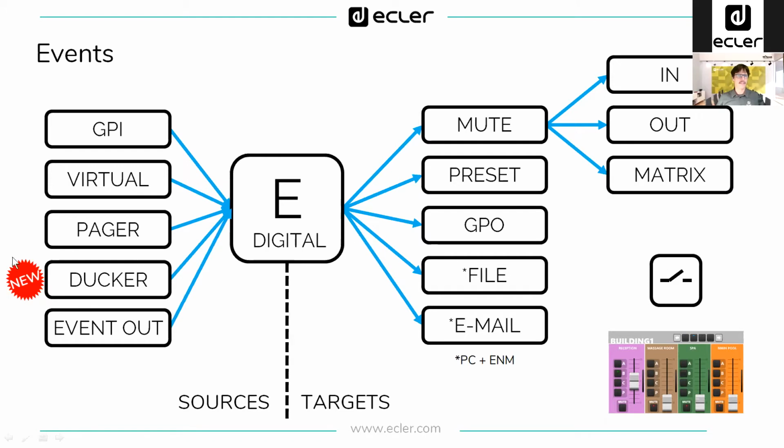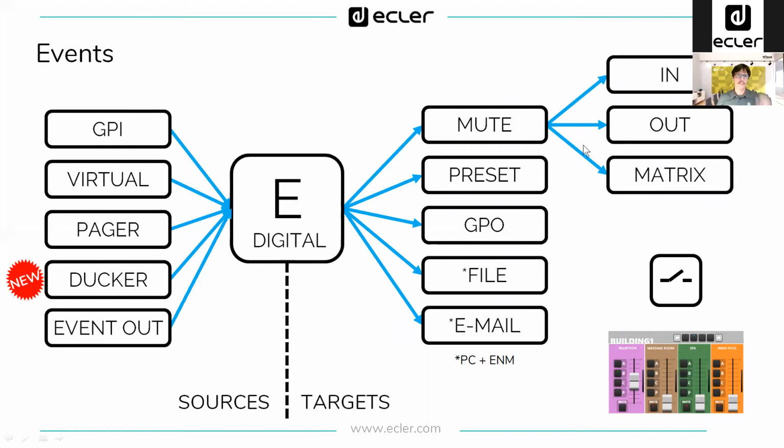And this is new for this version. It's the Docker. Let's say it's like a signal detection event or stimulus. So you can configure a Docker, we will see later on. And when the signal on any input in the Docker gets through the threshold, then you can activate a kind of action.